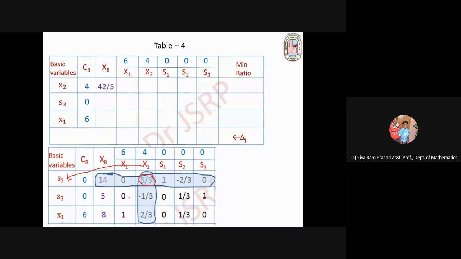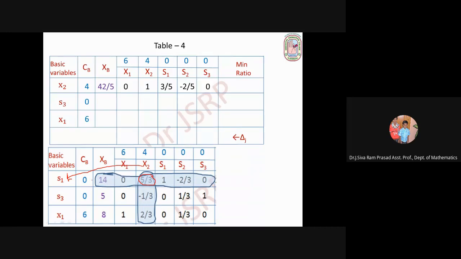Next, 0 by 5 by 3, 0. 5 by 3 by 5 by 3, 1. 1 by 5 by 3, so 3 by 5. Next, minus 2 by 3 by 5 by 3, the 3 gets cancelled, so minus 2 by 5. Next, 0 by 5 by 3, 0.